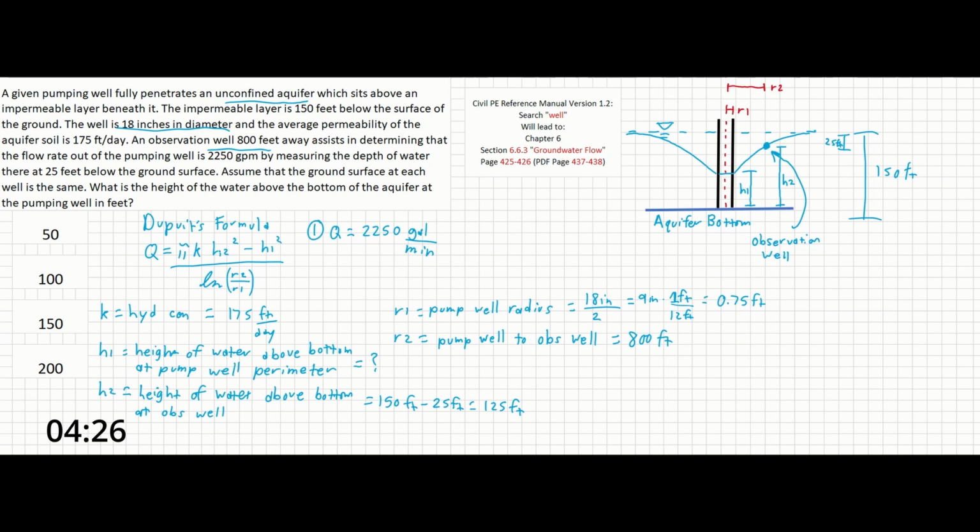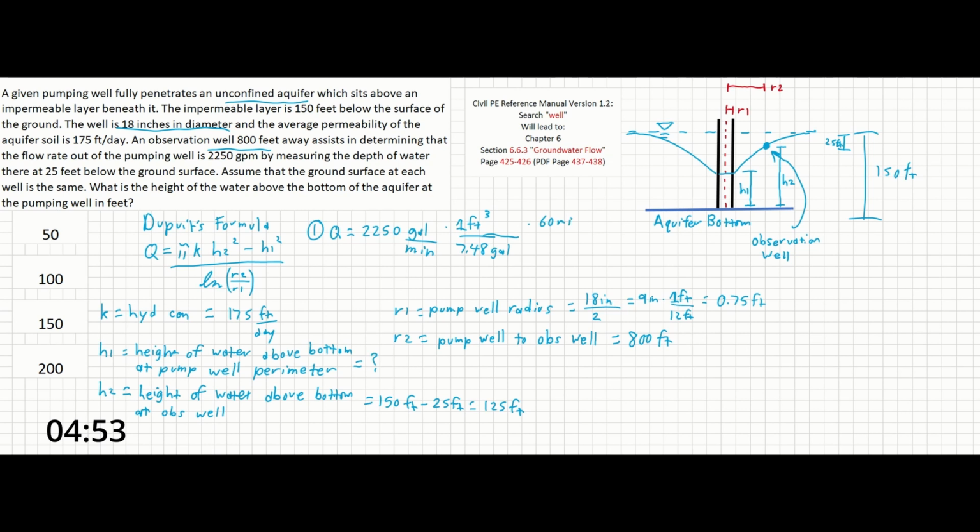So we can see that we have all of our terms. We have K, we have H2, we have R2 and R1. The only thing we're missing is H1. And we have Q, like we mentioned. So we just need to change the units in Q so that they match those of K, and we can just proceed to solve the problem.